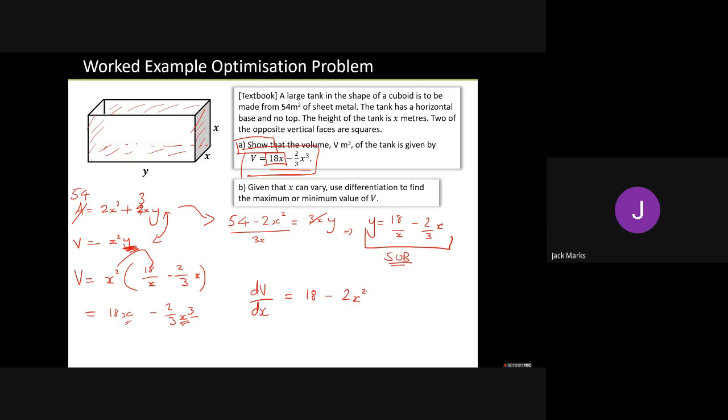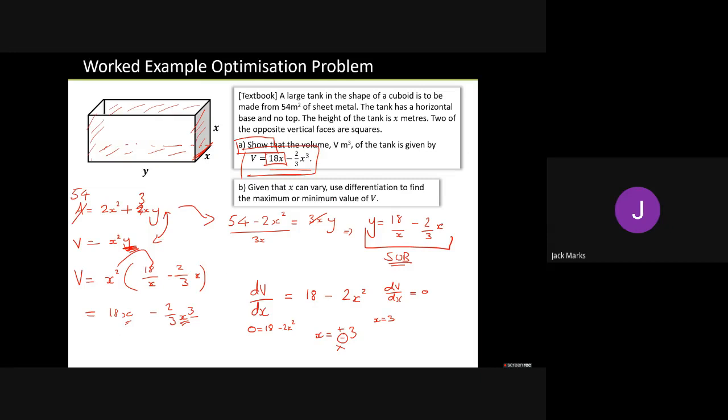There is a maximum or minimum when dV/dx equals 0. So 0 equals 18 minus 2x squared. We're going to get x equals plus or minus 3, aren't we? Just one thing to be aware of: x is a dimension for a box, so x equals minus 3 is not valid. So we want x equals 3.